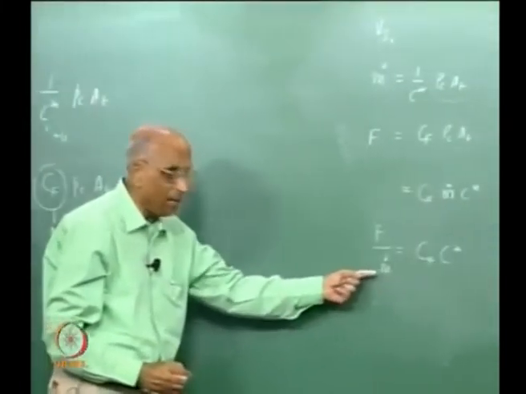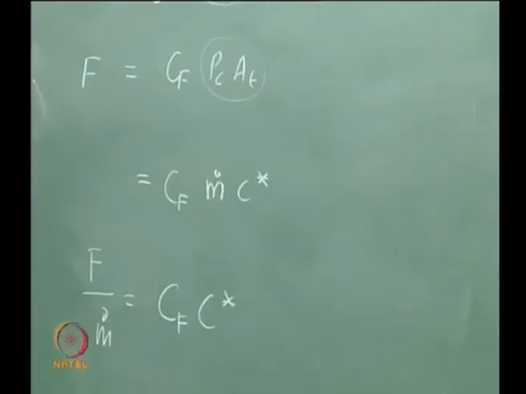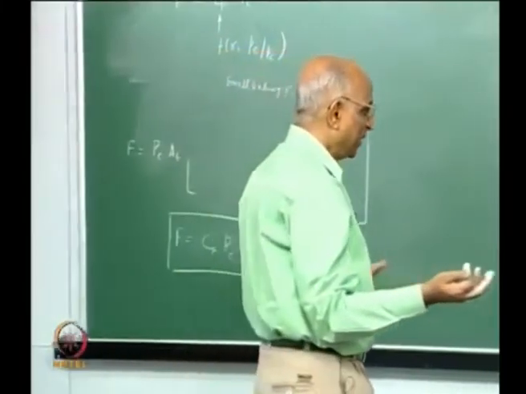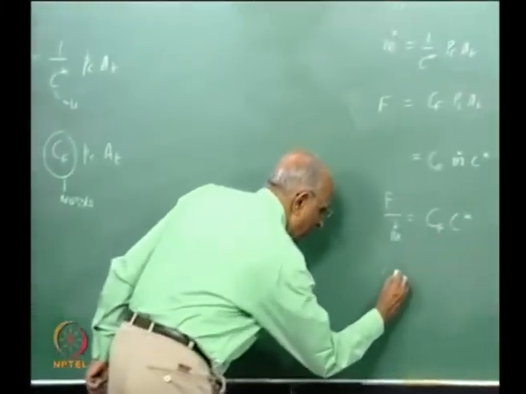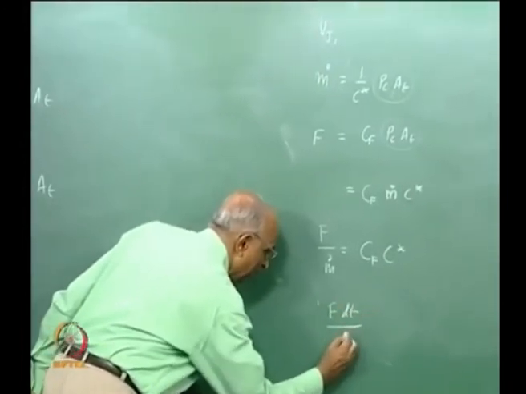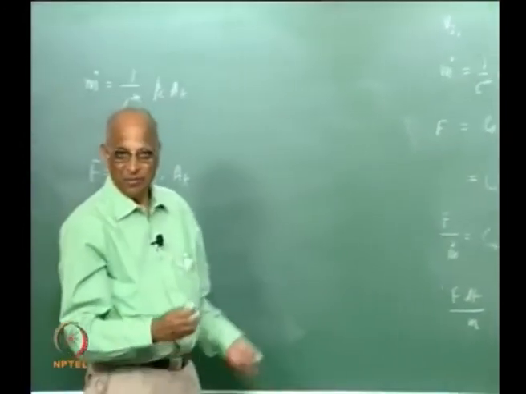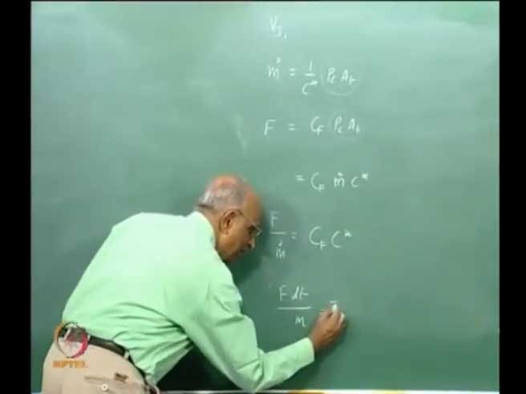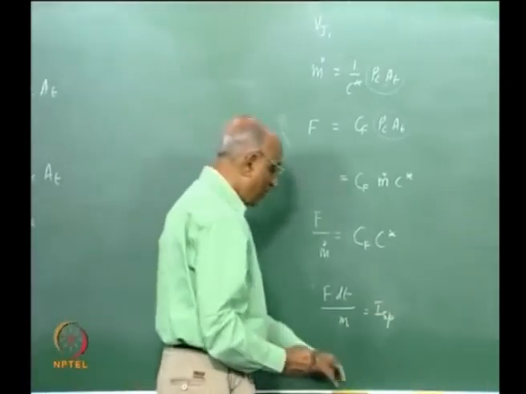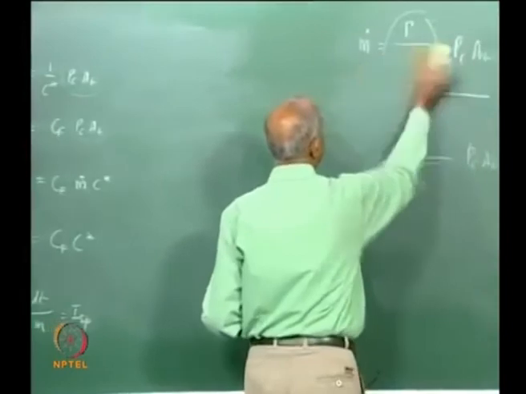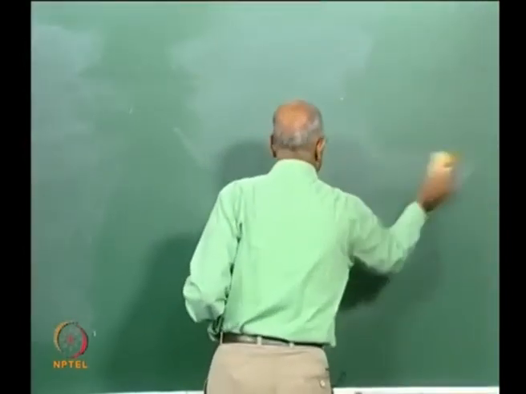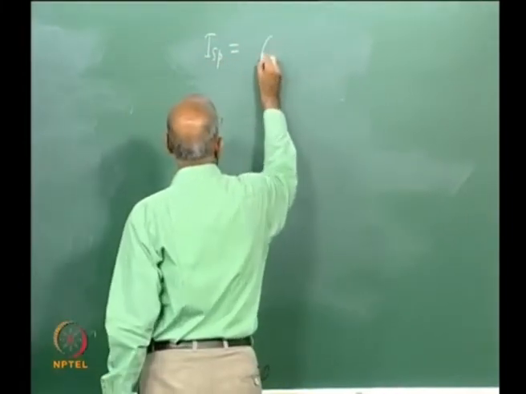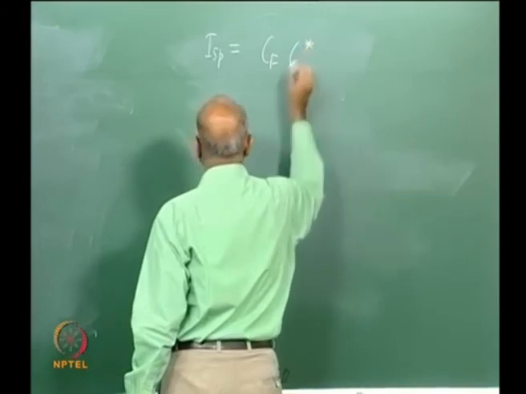And what is F divided by m dot? What is the thrust per unit mass flow rate? That is, we are talking of F dt, impulse, divided by mass of the propellant which is there. Impulse per unit mass is specific impulse Isp, or rather what we have got is Isp is equal to thrust coefficient into C star.